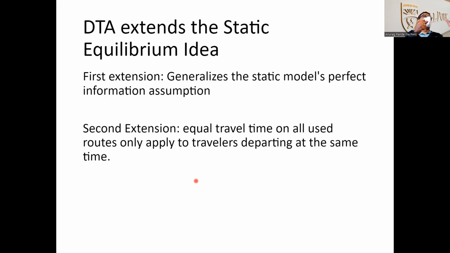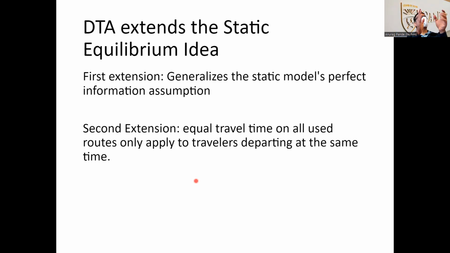But if you keep increasing that time window, looking at the second extension, let's say you increase that time window to the whole time of simulation, what have you done? Yeah, you get the static equilibrium, right?